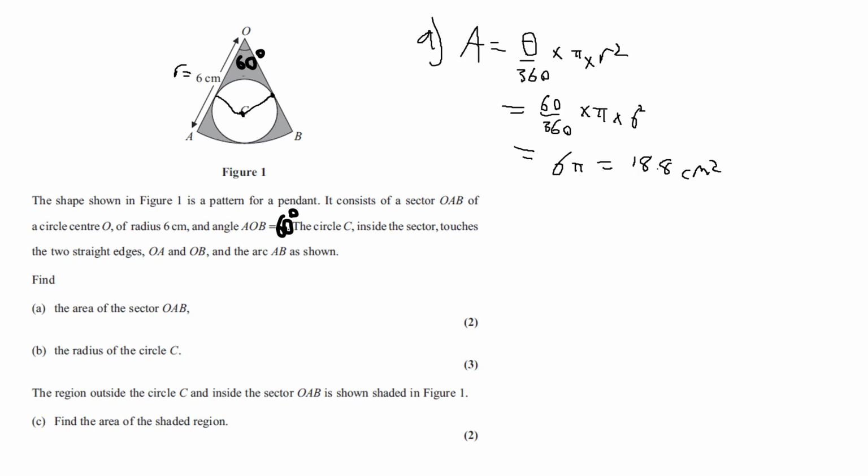Okay, so now this comes down to really understanding how the shape works. If this is a radius of the sector, it means this is also the radius of the sector. If we label this r, then this is r, and therefore this is 6 minus r.